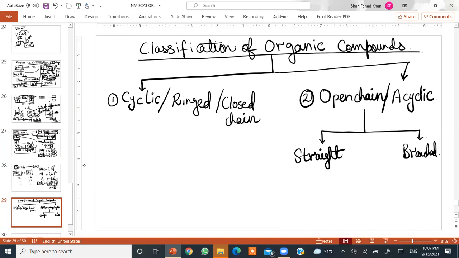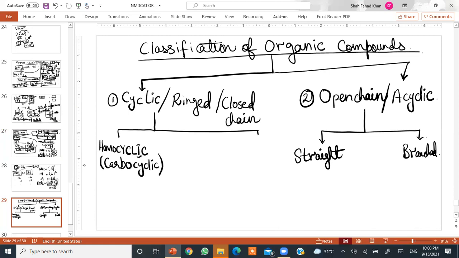If you look at the cyclic compounds, they can have two categories as well. They may be homocyclic. Homocyclic means a ring having similar atoms in it, meaning a ring which is composed only of carbon atoms. These homocyclic compounds are also known as carbocyclic compounds.